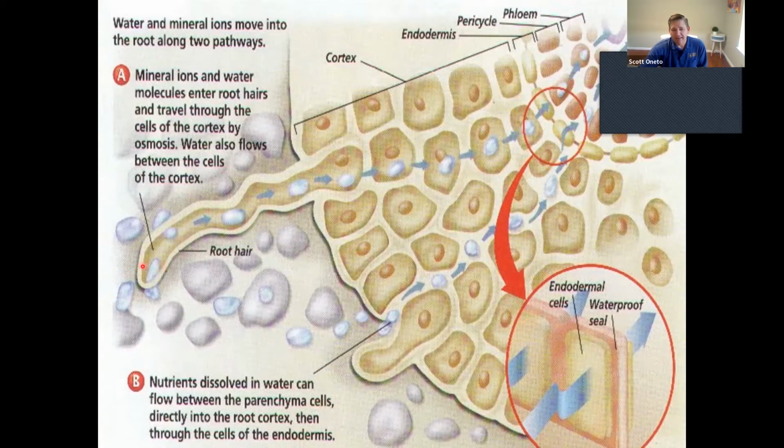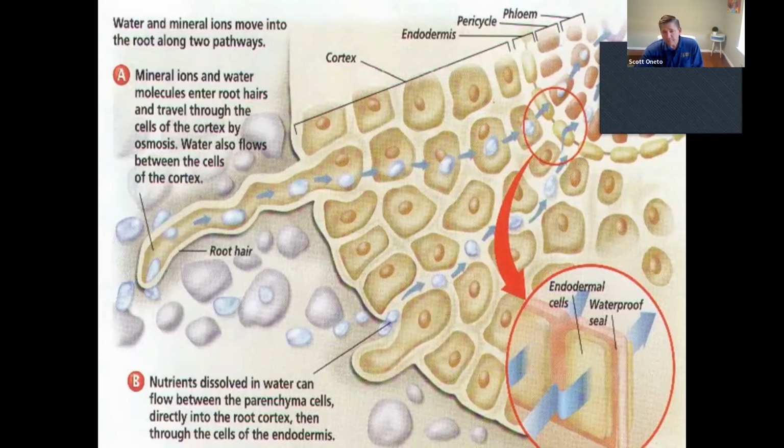And it's a process in which water will move across the cell membrane or the cell wall into a root cell, and then it'll move across to the next cell adjacent to it in that continuous pattern all the way until it gets to the vascular tissue.